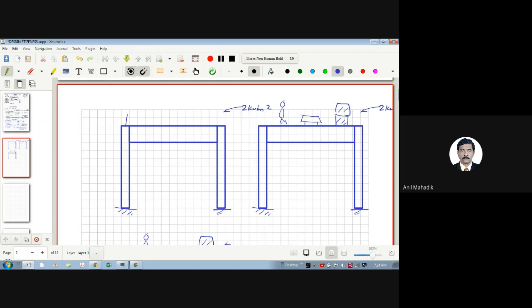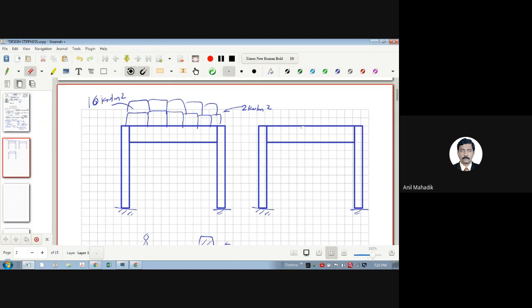Let's say he has put storage, and the storage was having almost 6 kilonewton per square meter, 6, 7, whatever, or 10 kilonewton per square meter load. And what happened due to the storage? Let's say your structure collapsed. Let's say your beam gets collapsed.